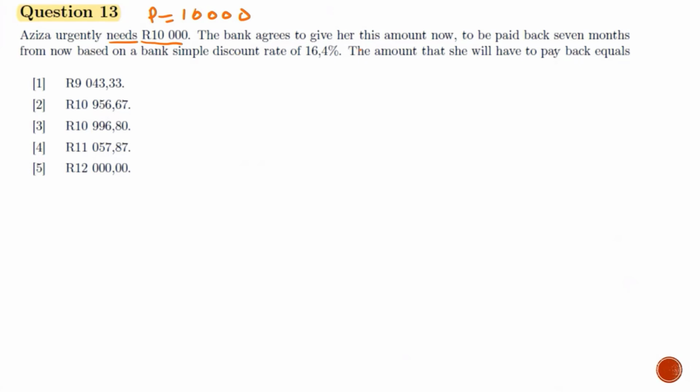The bank agrees to give her this amount now, to be paid in 7 months. The time here is given in 7 months, so you're going to have 7 divided by 12, that is the number of months in a year. Based on the best discount rate, so the discount rate is equal to 0.164.